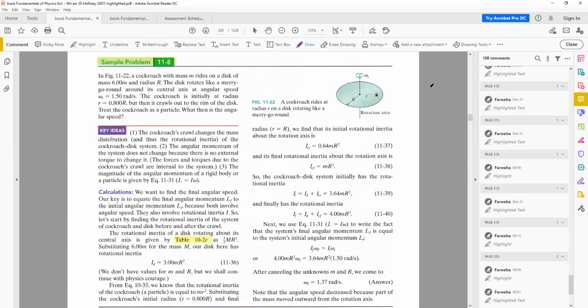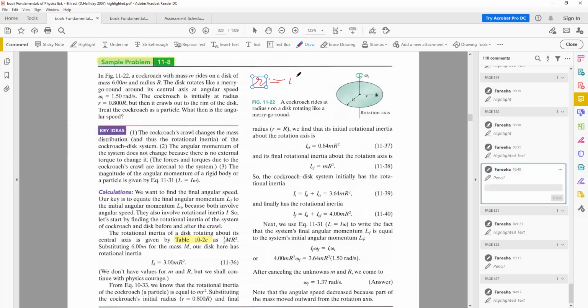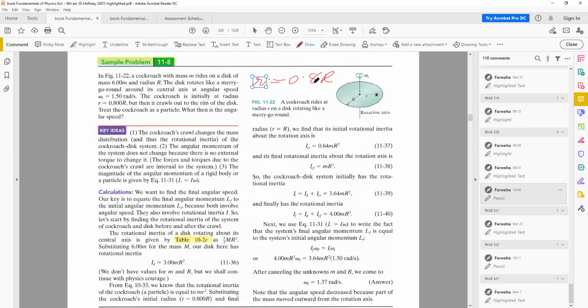Okay, so the cockroach is initially at a position which is not at the edge of the disk, but a little bit inside. So the radius of the cockroach from the center of rotation is small r, whereas the radius of the disk is capital R. Now small r is equal to 0.8 of capital R initially.